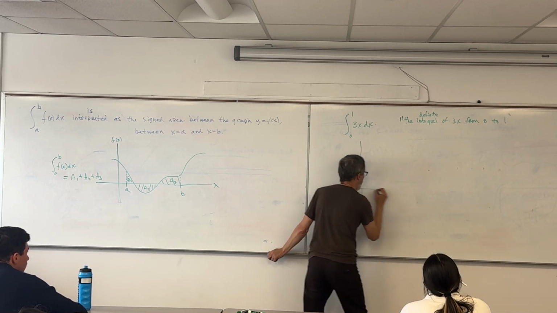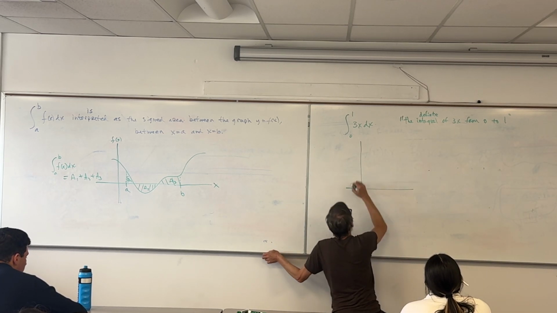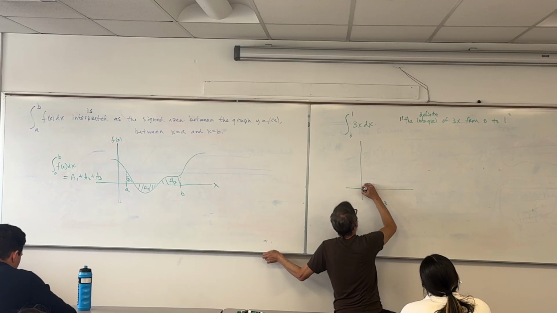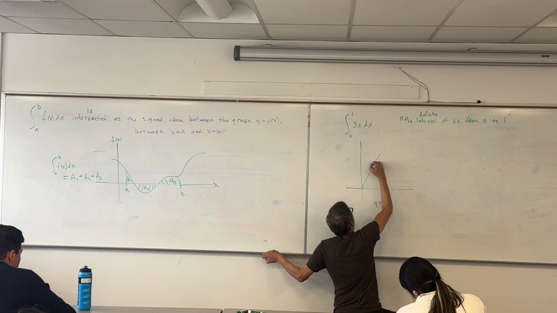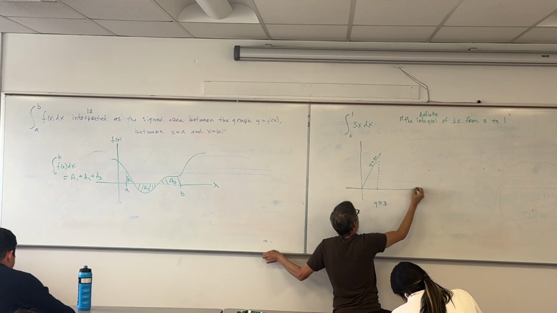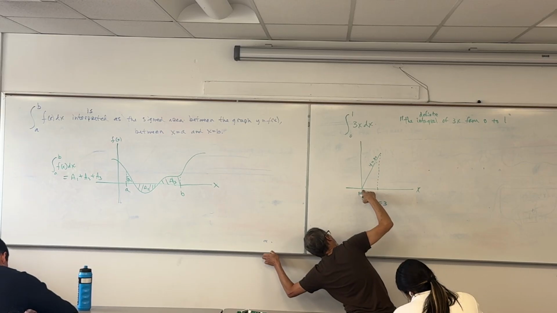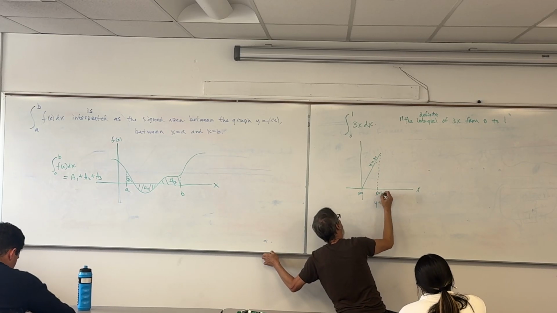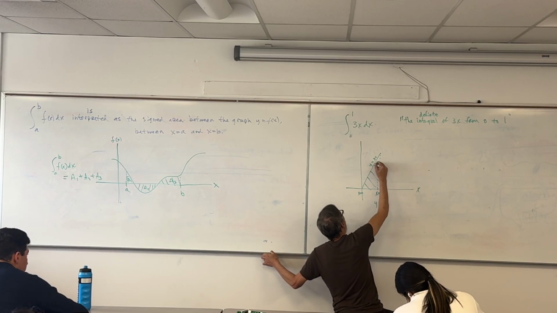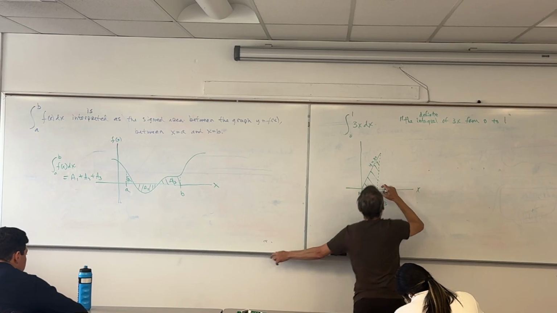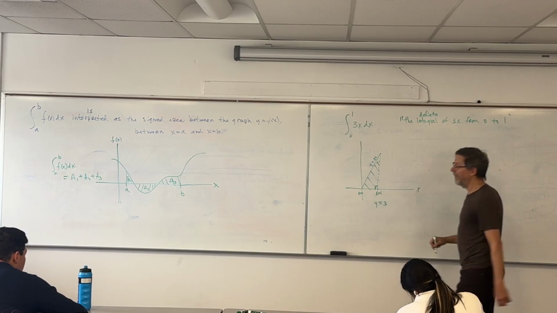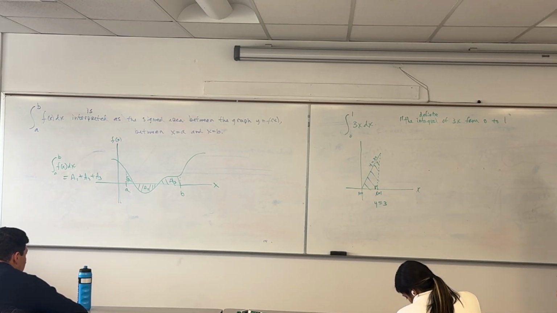So I'm going to go look at my function. That's y equals 3x. That's a good old line. And I'm interested in the x-axis between x equals 0, where it touches the origin, to x equals 1. So I just want this area right here. That area of that right triangle is the answer.